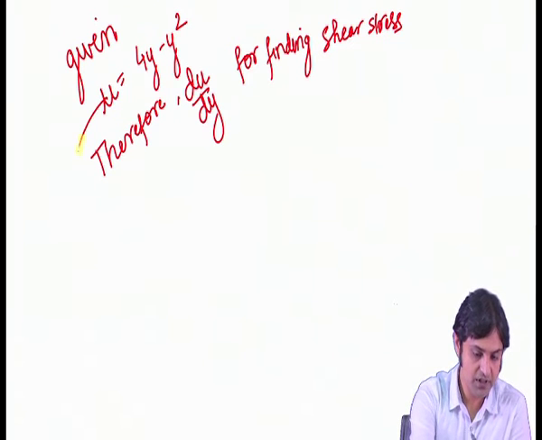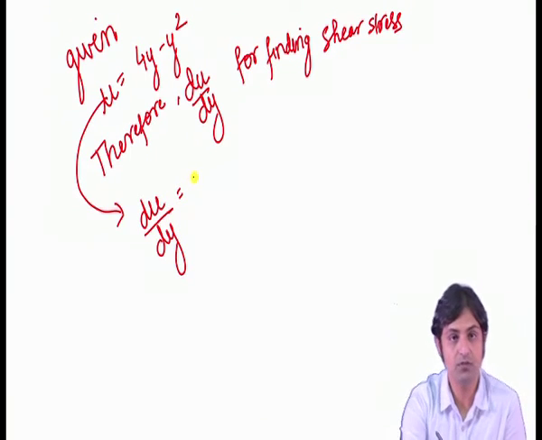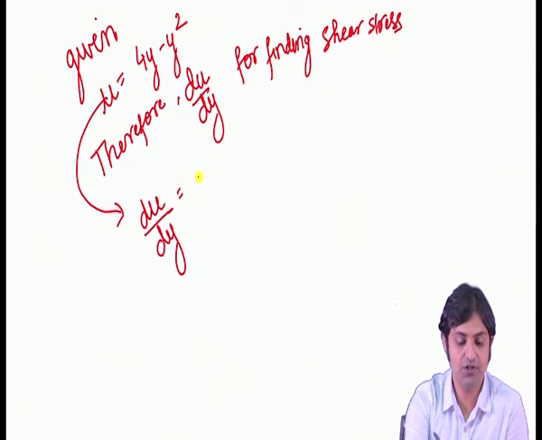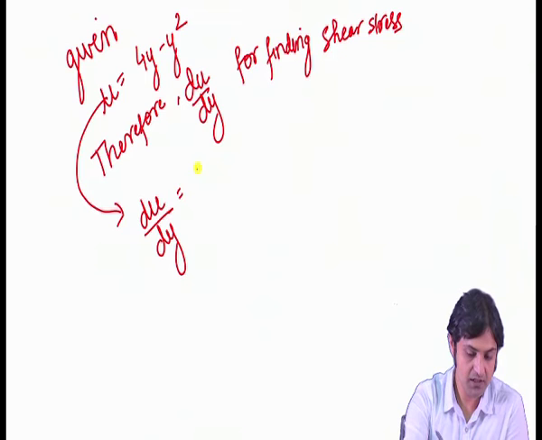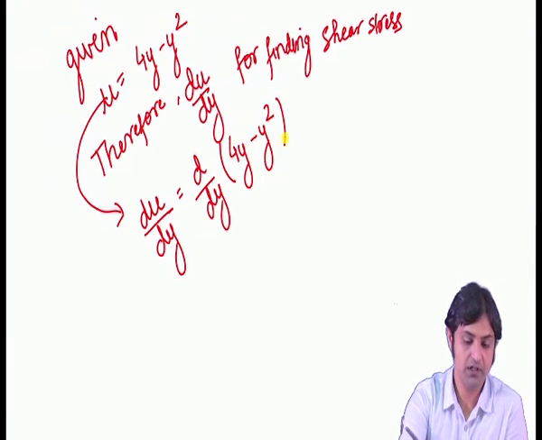So using this equation, if you do du by dy, going to the basic differential mathematics, d dy of 4y minus y square.